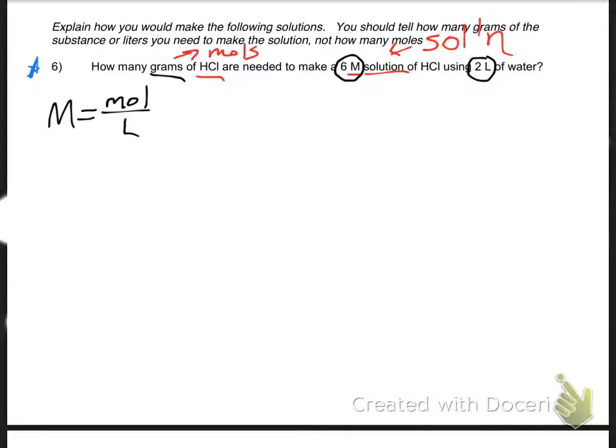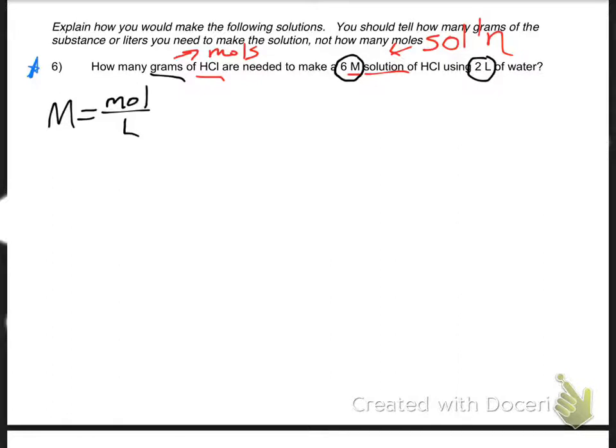In a lab, if I said, hey, can you give me 50 moles of hydrochloric acid? How are you going to measure it? Do we have a scale or anything that measures out moles? No, we don't. A lot of times we measure out our masses in grams, because a lot of things are in powdered substance that you want to dissolve into liquid. So a lot of times we're going to have to solve for moles and then convert it into grams.